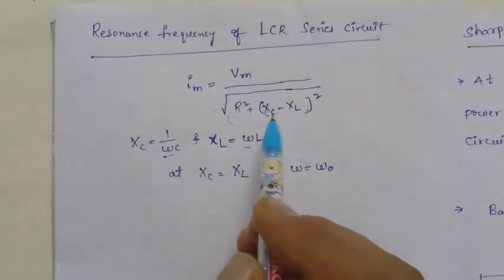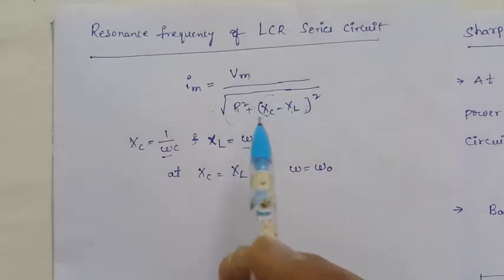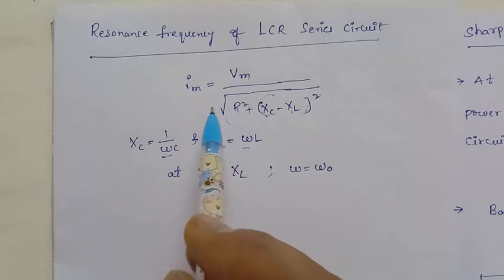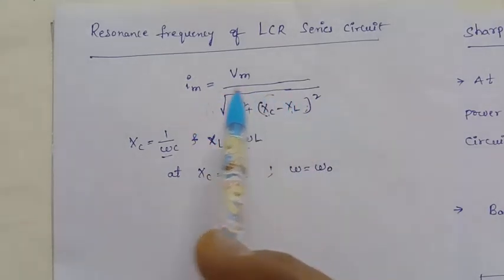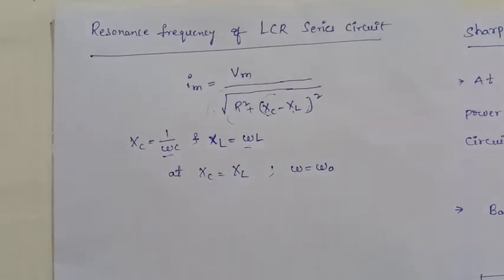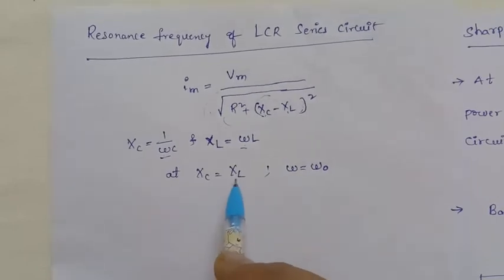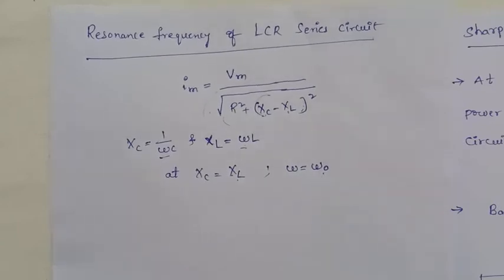If Xc is equal to XL, automatically this term goes to 0 and the impedance will be minimum. Impedance minimum means current is maximum, and that frequency is called the resonance frequency. So at Xc equal to XL, omega is equal to omega naught.